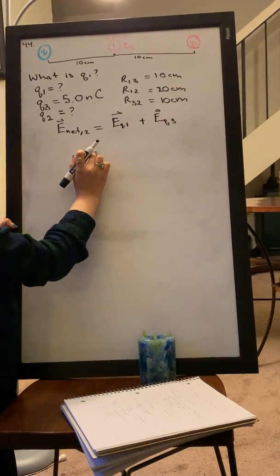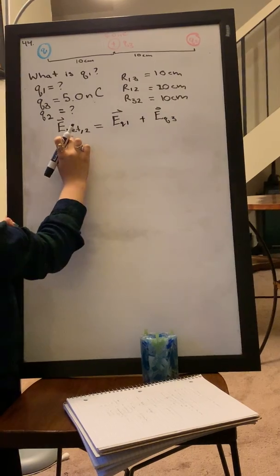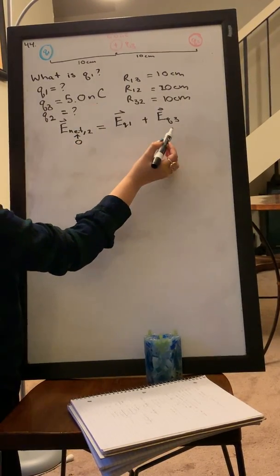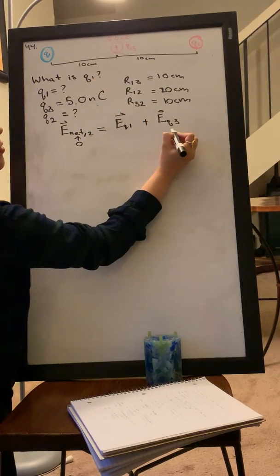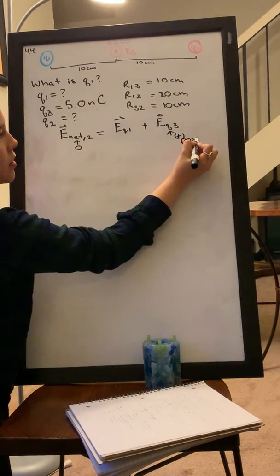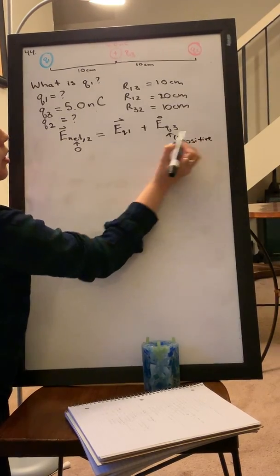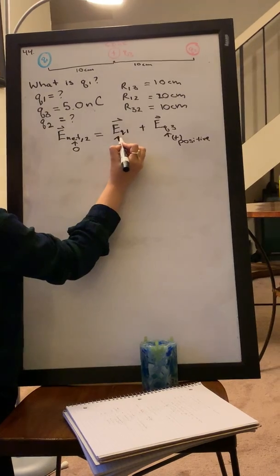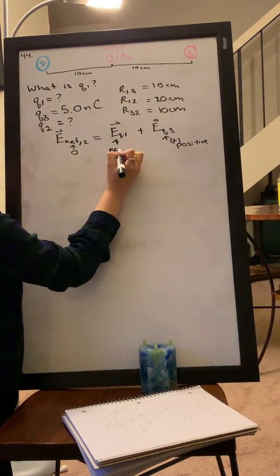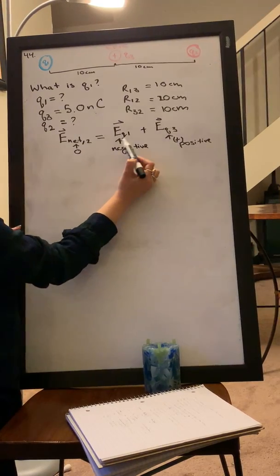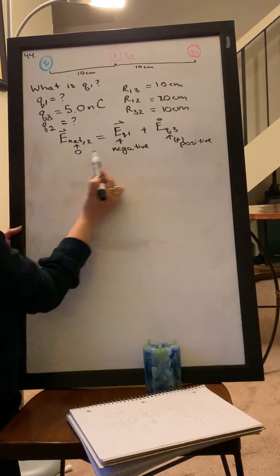And as I said, since we know that it's an equilibrium, we know that this value over here equals 0. And since Q3 is positive, we know that the E field at Q1 must be negative, so that these two values will equal 0.